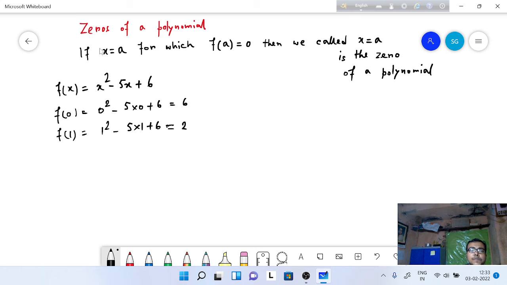If we put minus 1, f of minus 1 is minus 1 square minus 5 into minus 1 plus 6, that is 1 plus 5 plus 6, 12.